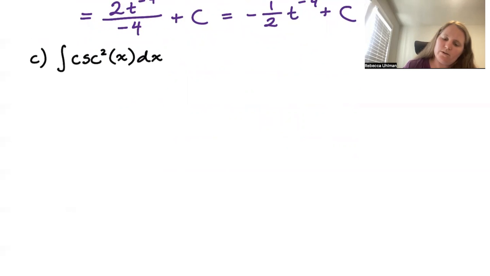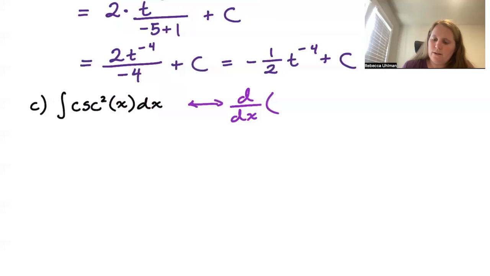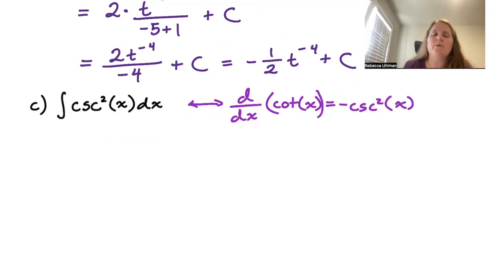Recall, this corresponded directly to the derivative of cotangent of x is a negative cosecant squared x. That's where this particular integration fact is coming from.